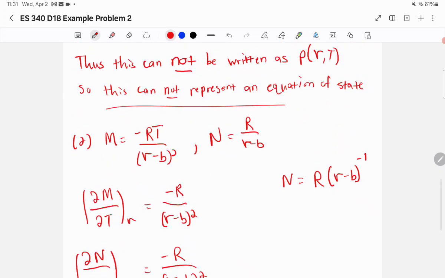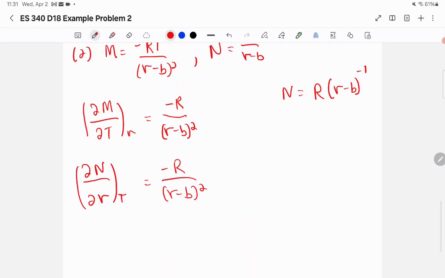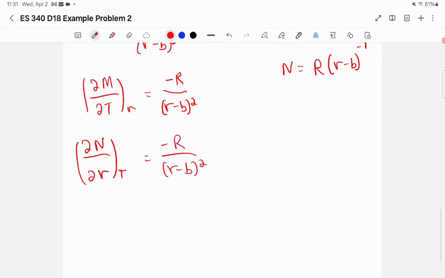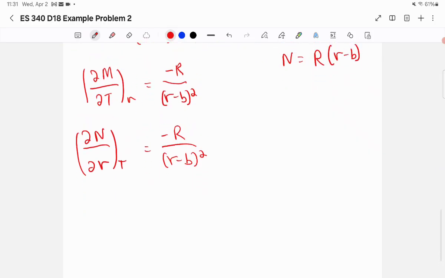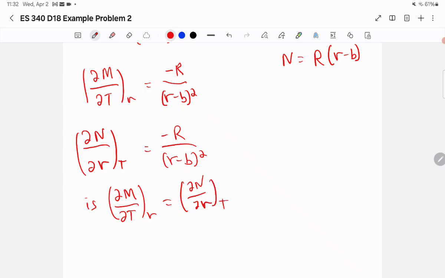Because I took those two derivatives, we can see that dM/dT is equal to dN/dV, and the answer is yes.